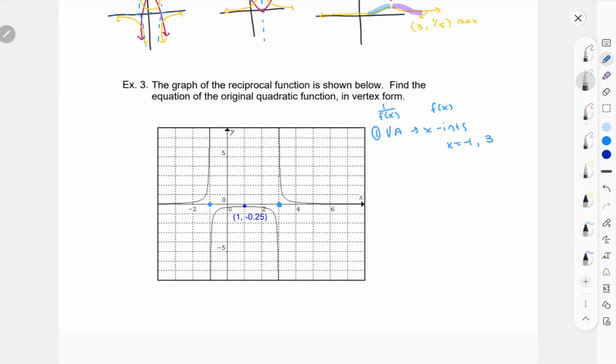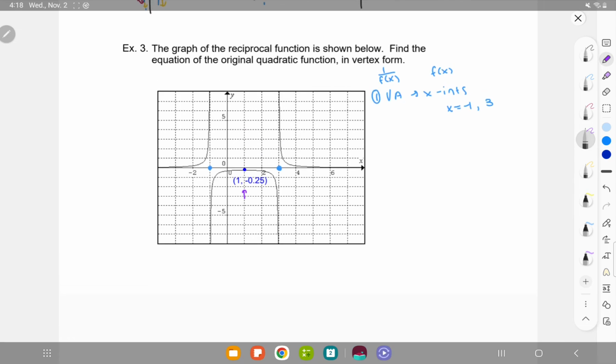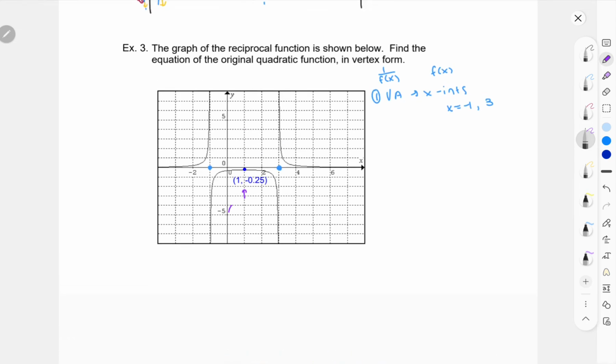This thing also has a minimum or a vertex at this point. When I take the reciprocal of that, it becomes 1 over -0.25. Right, which is 1 and then -4.